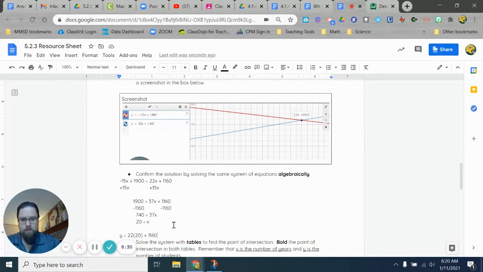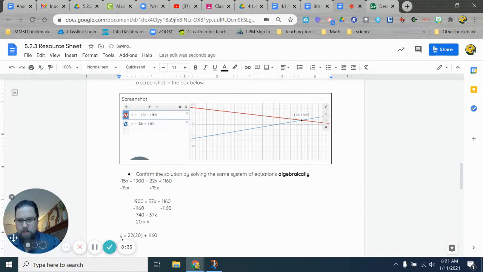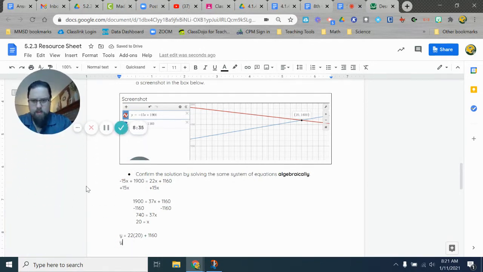So when you do that, you get y equals 440 plus 1160. And when you do that, 440 plus 1160, you get y equals 1600. Okay, so there is the math for the algebraic solution.